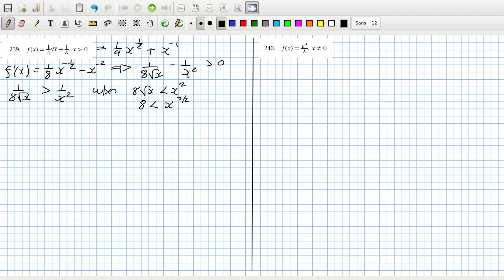So that means if you power 2 over 3 both sides, that means when x is more than 4, it's increasing. And then when x is less than 4, that's decreasing.